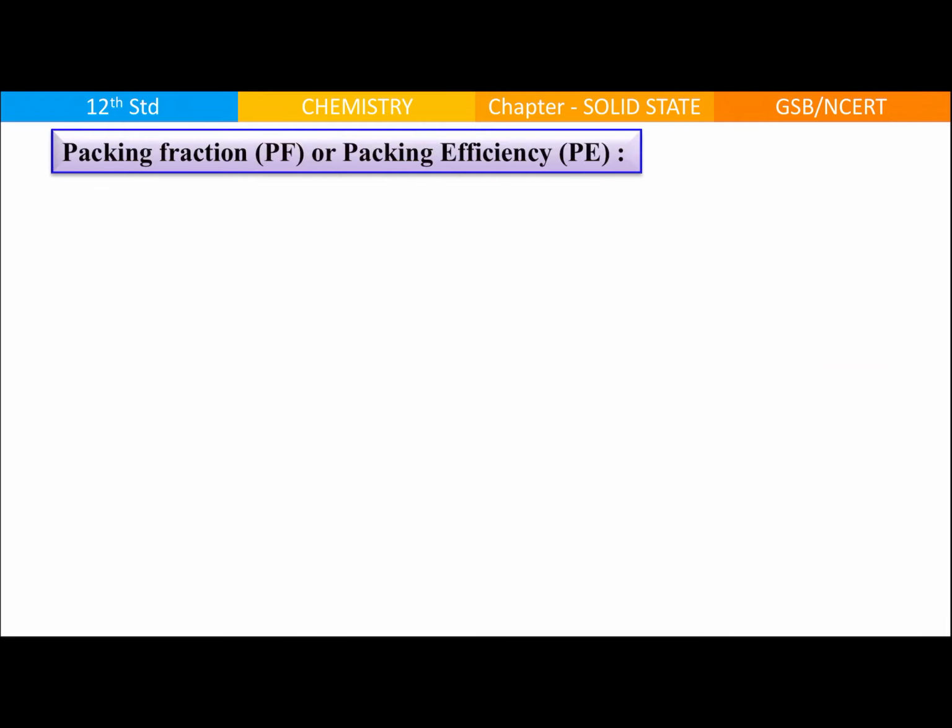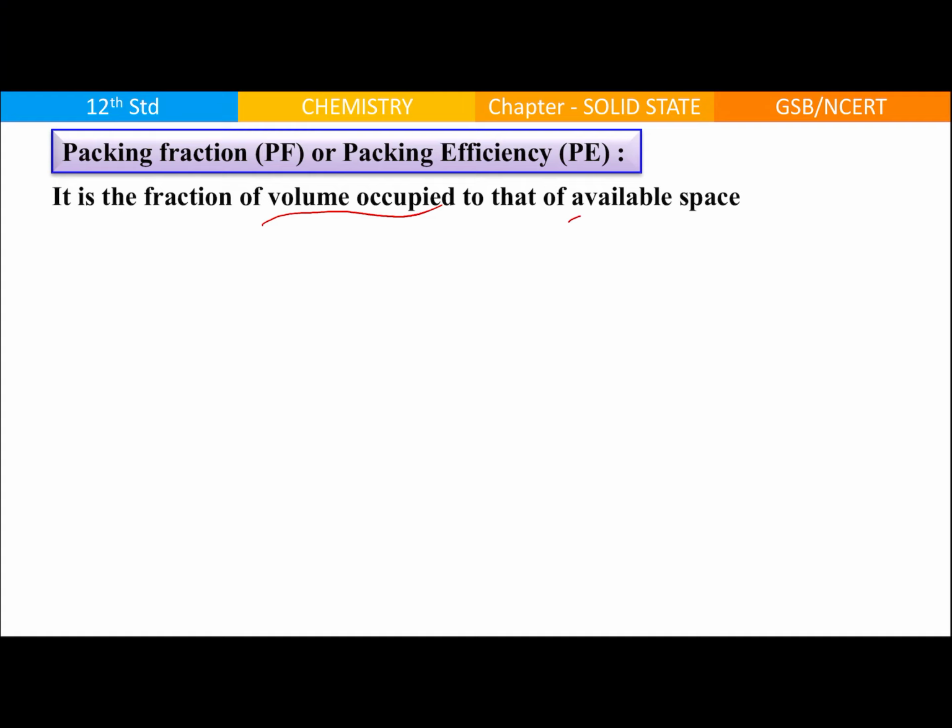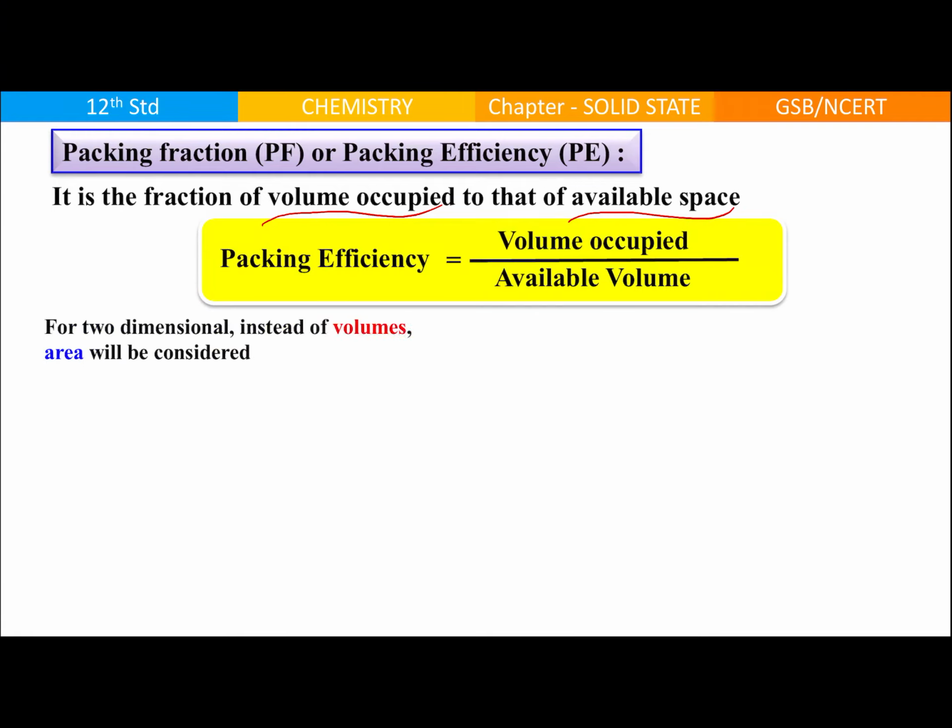We go ahead to understand a new term, packing fraction or packing efficiency. What do you mean by packing fraction or packing efficiency? It is volume occupied by volume available. For a two-dimensional system, instead of volume, area can also be considered. So imagine this is a two-dimensional diagram and we want to calculate packing efficiency.